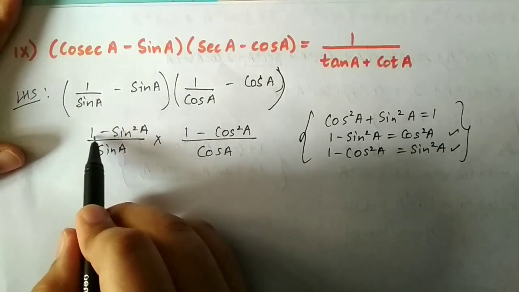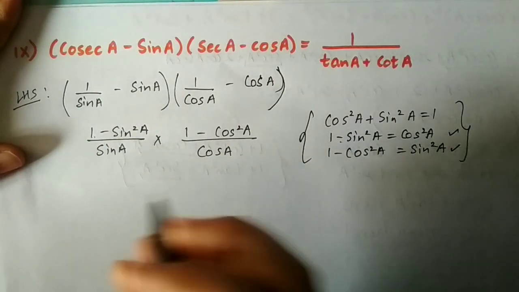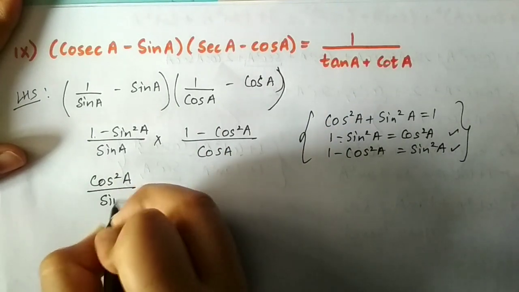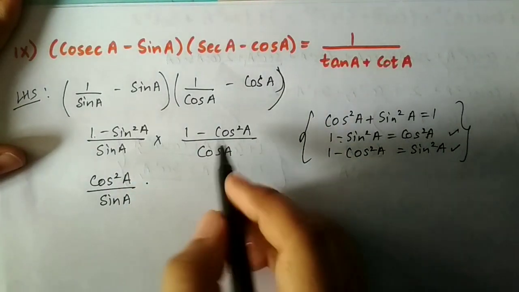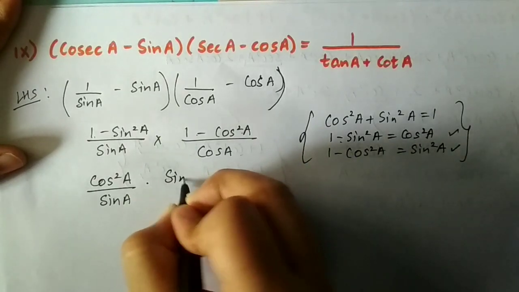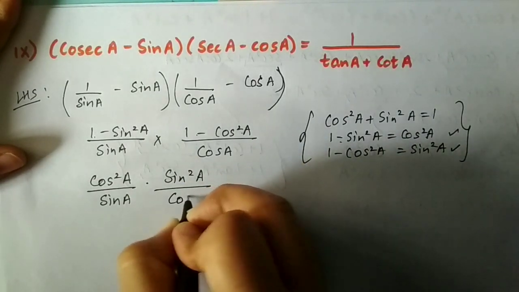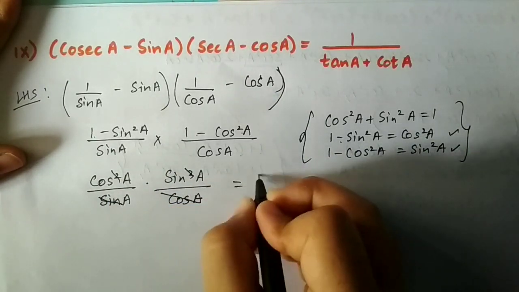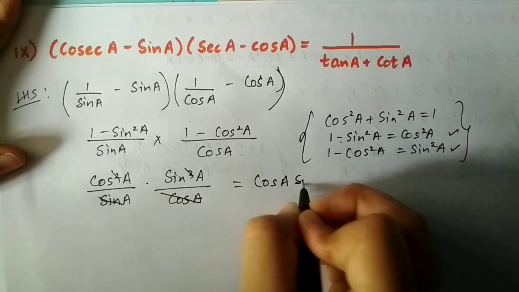You replace 1 minus sin square A with cos square A. So here you have cos square A upon sin A multiplied by 1 minus cos square A can be written as sin square A multiplied by sin square A upon cos A. Now you are able to cancel the terms and you are left with cos A into sin A.